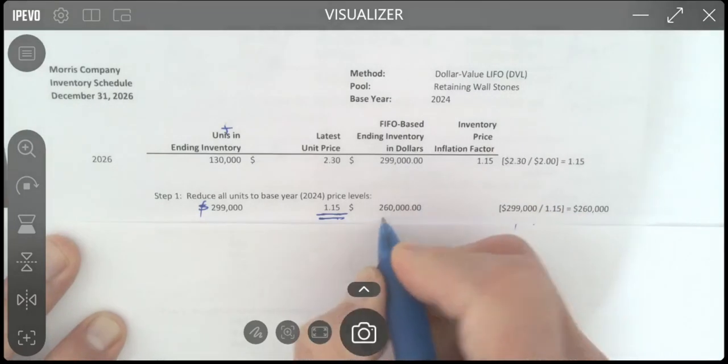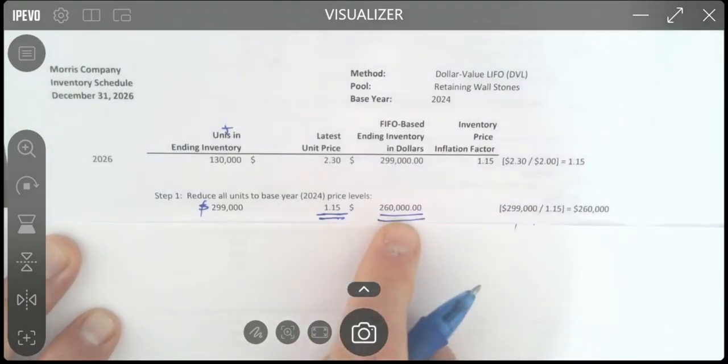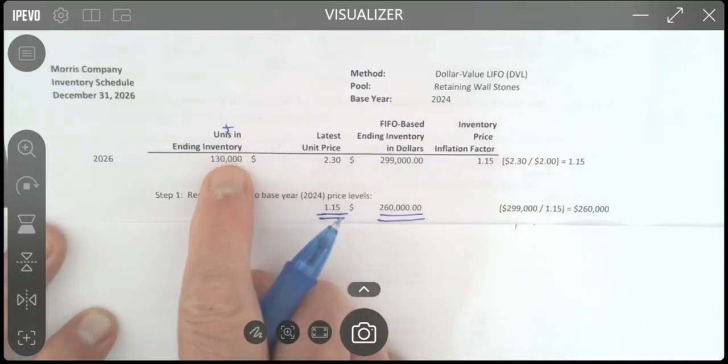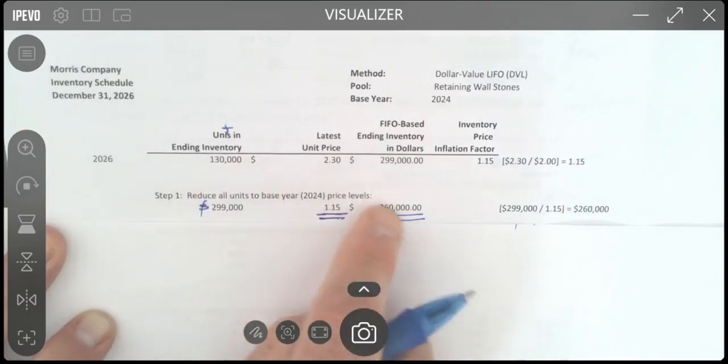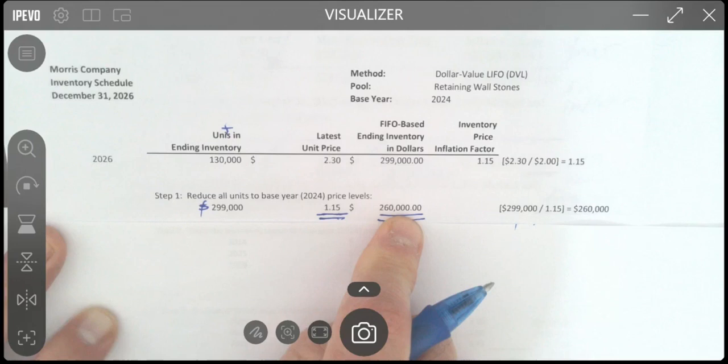And so at base year, this would be a $260,000 inventory. Again, that makes sense. 130,000 stones times the $2 per stone base year price. 130 times 2 is 260,000.